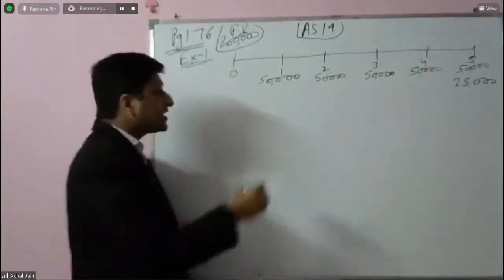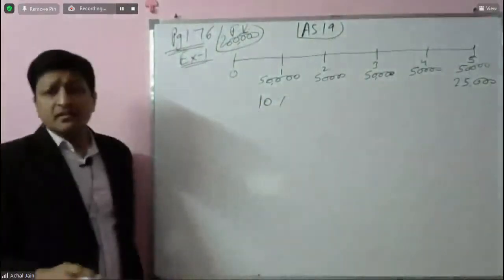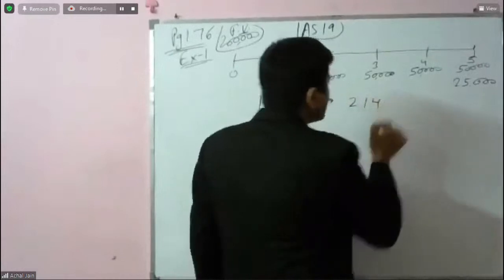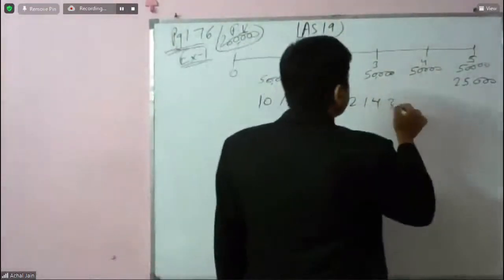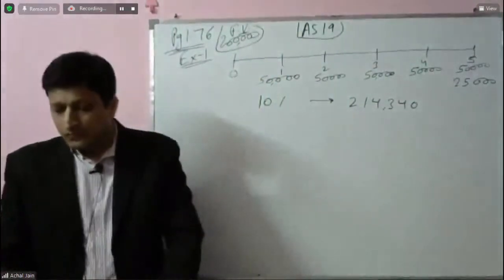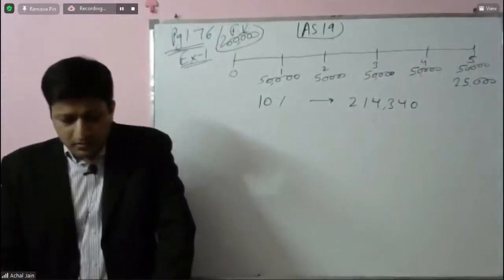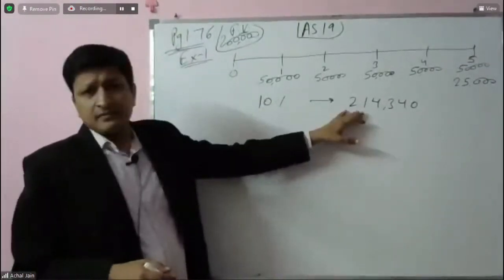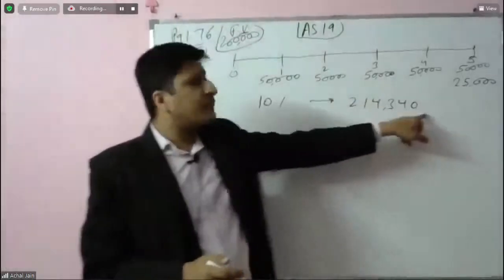By using a discount rate of 10%, what was the present value which we could get? 2,14,340. Now, to reduce this, what was the objective? Our objective was to reduce this by 14,340.